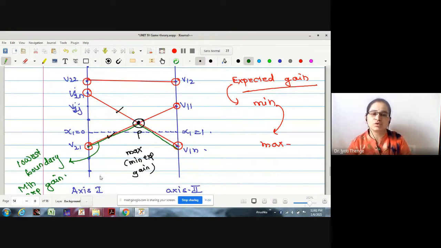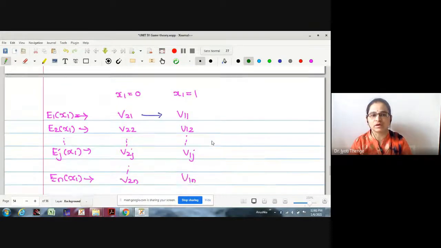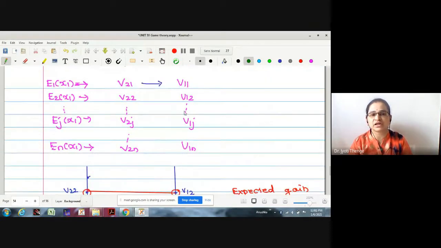Now, what are we going to do? We are going to draw a graph with two vertical axes. These two axes are separated by unit distance, because the axes are for x1 equal to 0 and for x1 equal to 1. Then we are going to plot all those expectation lines, as I will call them now. How to join the expectation lines?